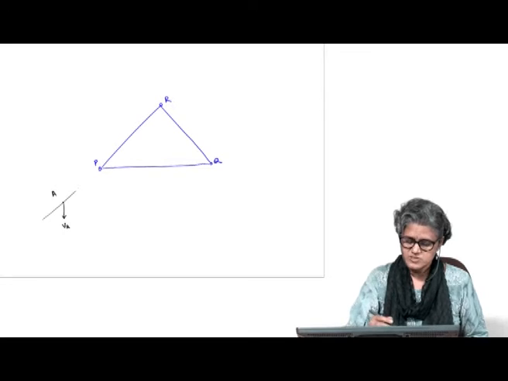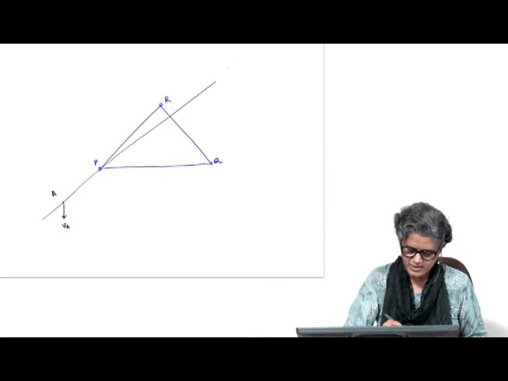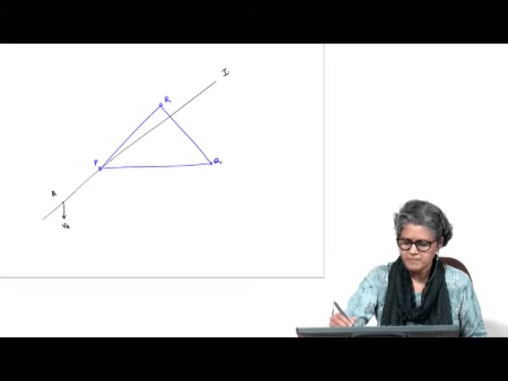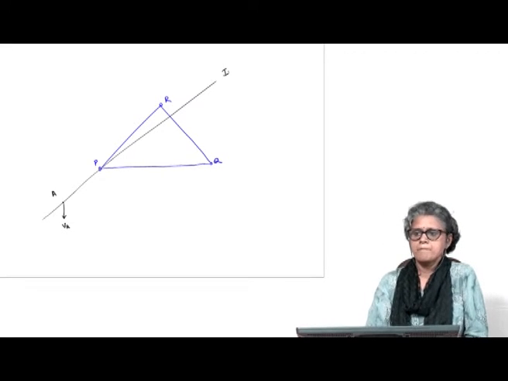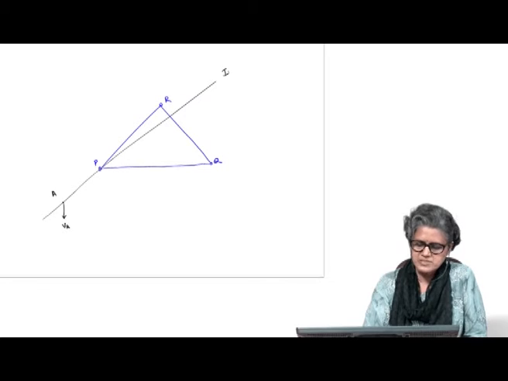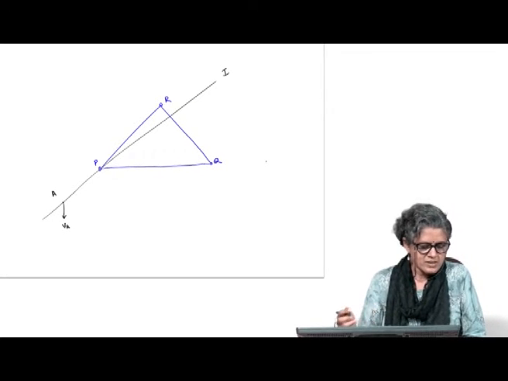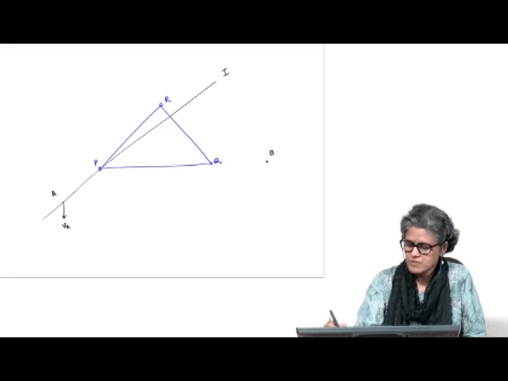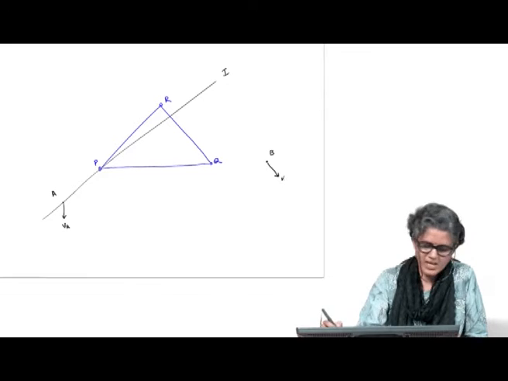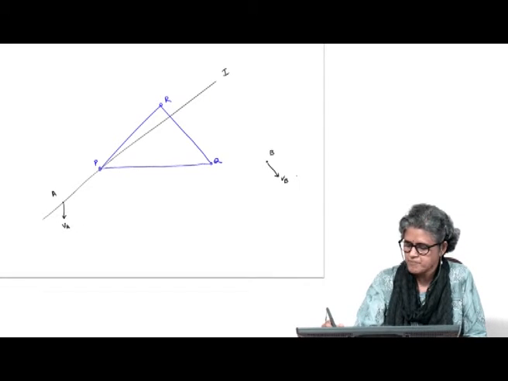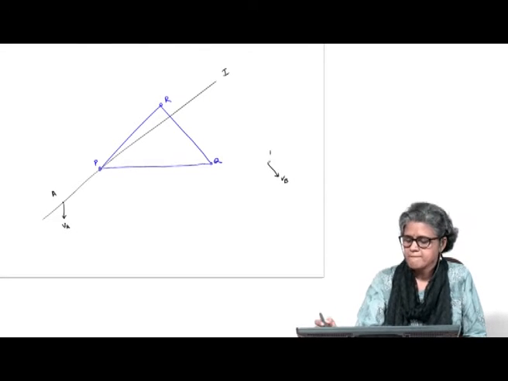So I take an auxiliary line that passes through A and B. Similarly, I may know the velocity or a velocity component of point B. Let's just say I know the velocity of point B.